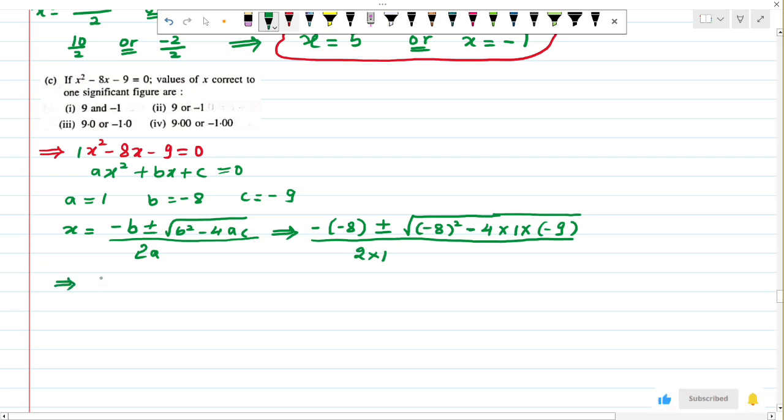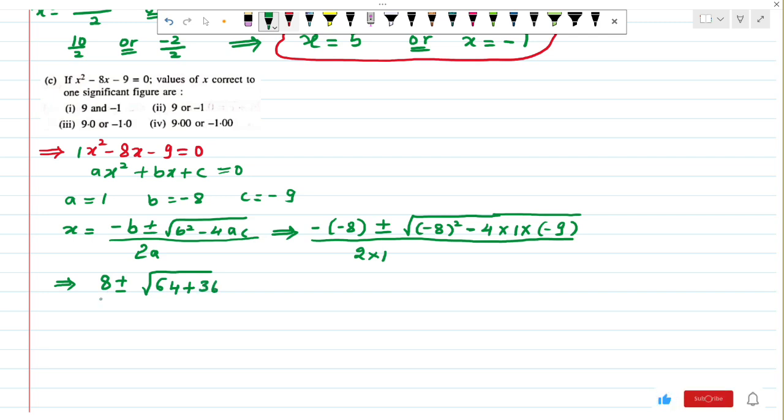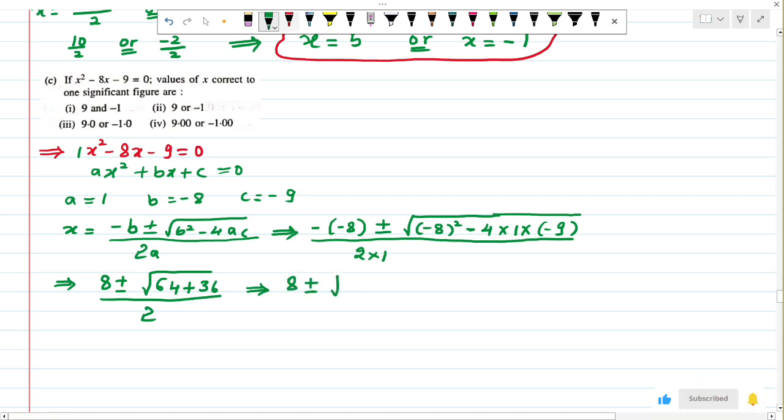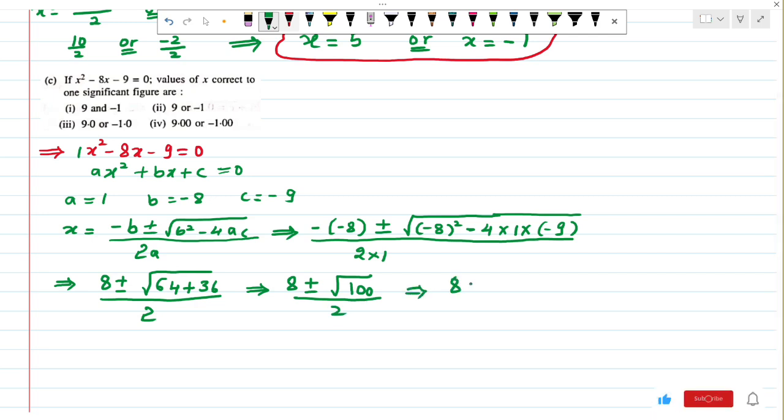Minus of minus is plus 8, plus or minus root of 64, minus of minus is plus, 9 fours are 36, divided by 2. So this gives 8 plus or minus root of 100 divided by 2. Again simplifying, root 100 is nothing but 10, divided by 2, right?